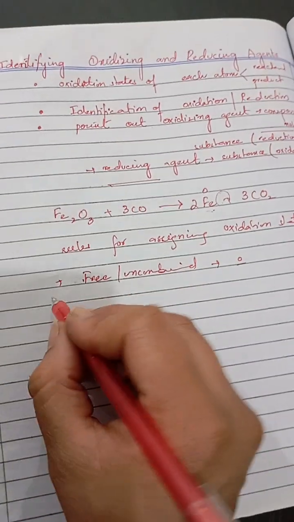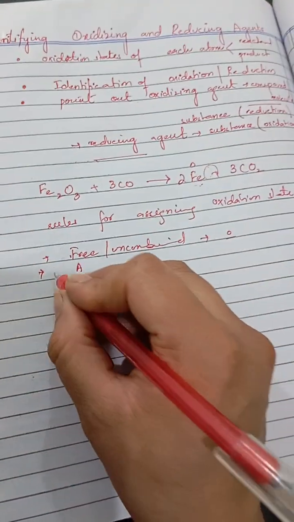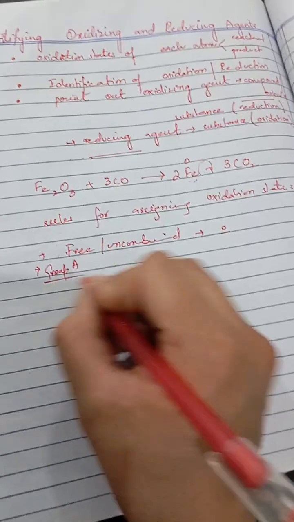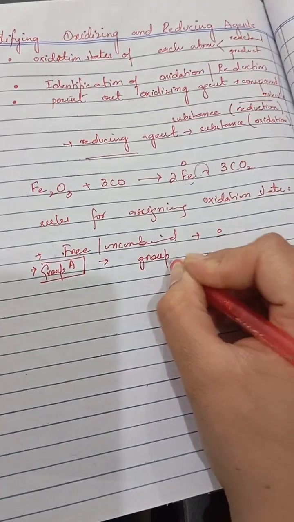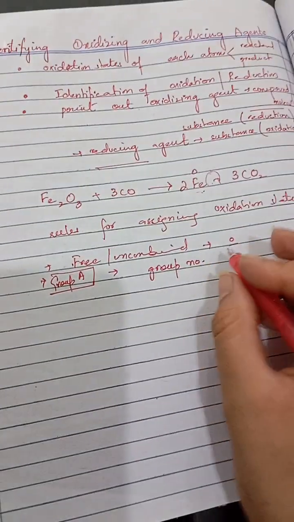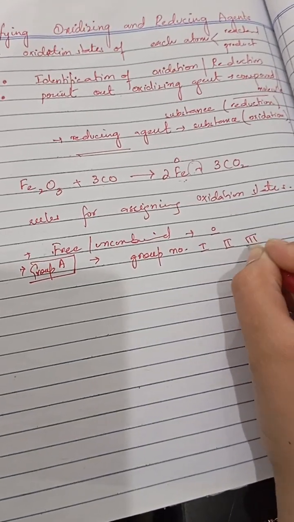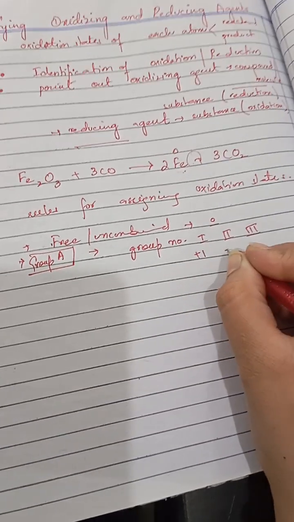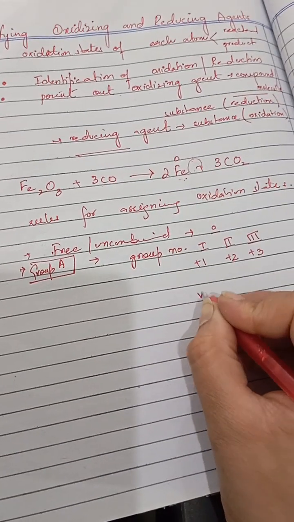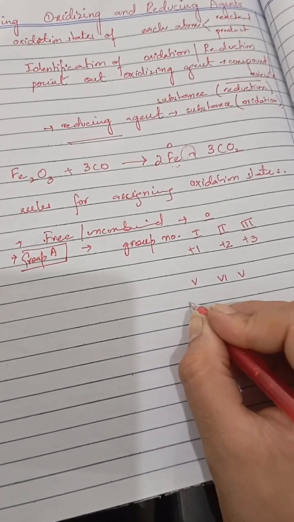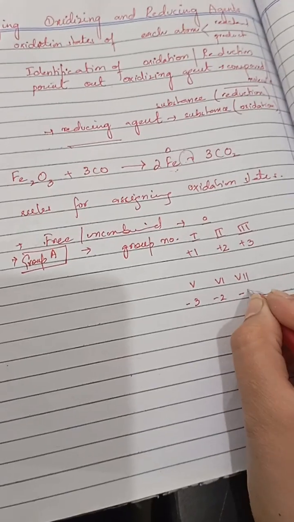Second, the oxidation states for group A elements are given according to their group number. For groups 1, 2, 3, the oxidation states are +1, +2, +3. For groups 5, 6 and 7, the oxidation states are -3, -2, -1.